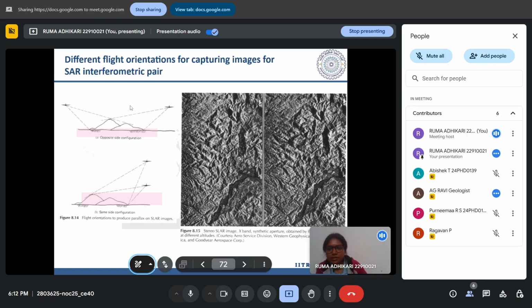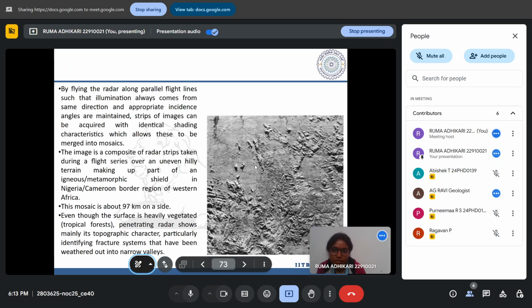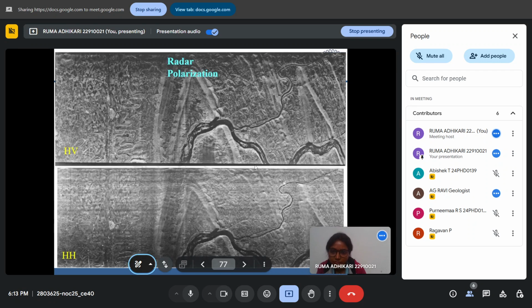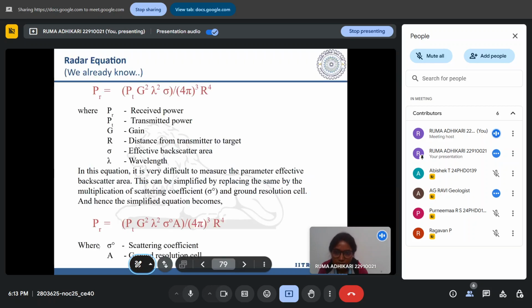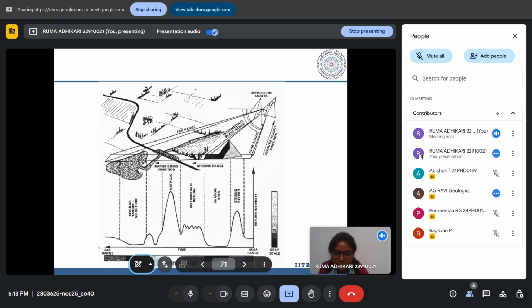This has some other thing, different flight orientation. It will look different. The radar projection, how it looks in the HV image and the HH image. I wanted to show you near range, far range, but that image is not here. So near range, what happens? In far range, it gets elongated.